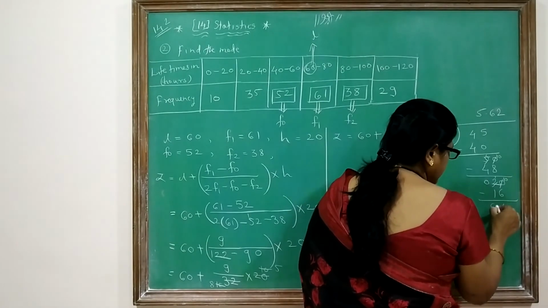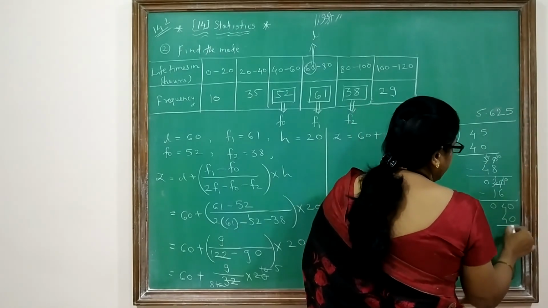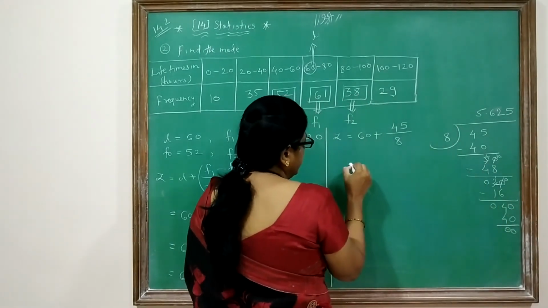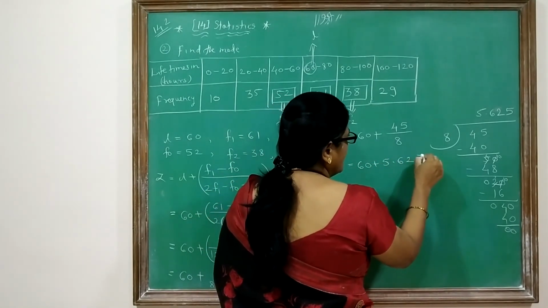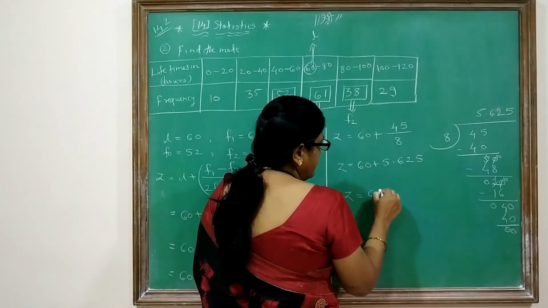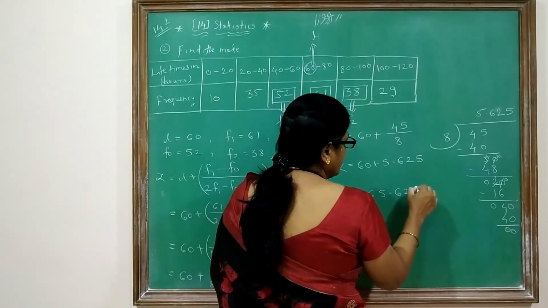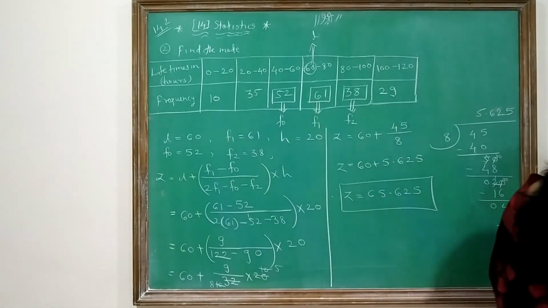Then 40: 8 fives are 40. So you will write 60 plus 5.625, and adding them you will get 65.625, and this is your answer.